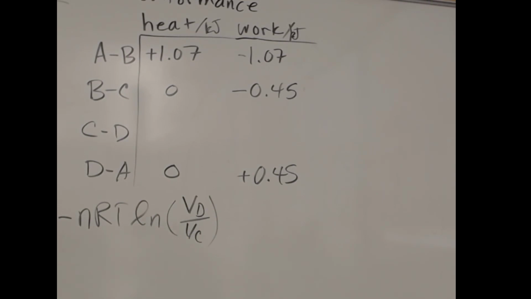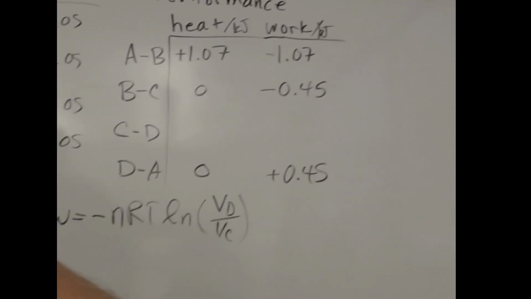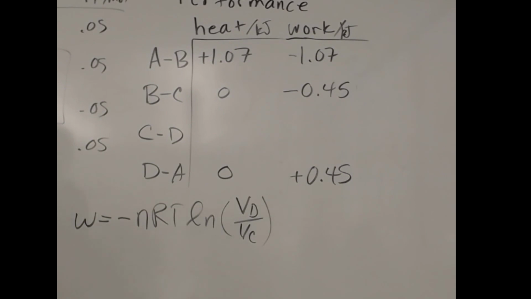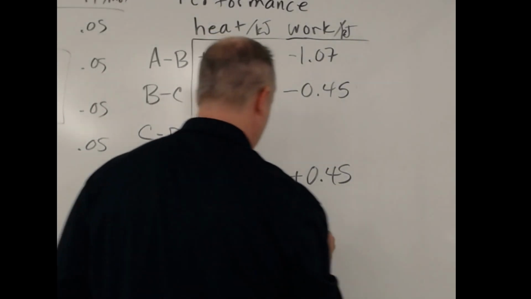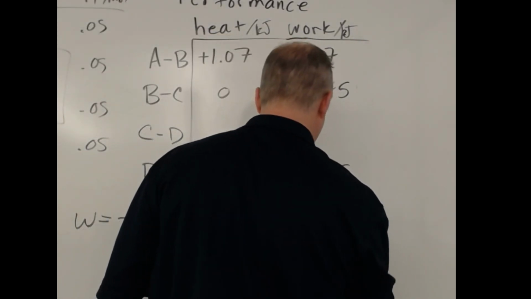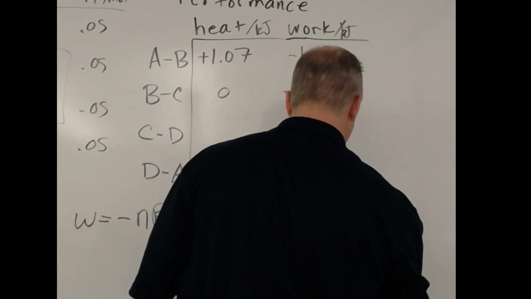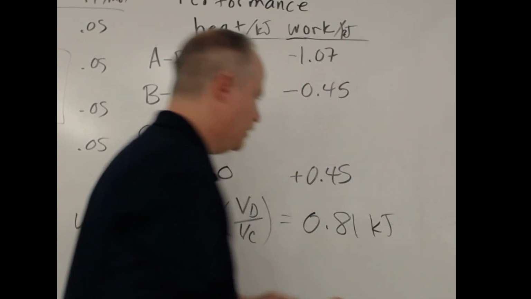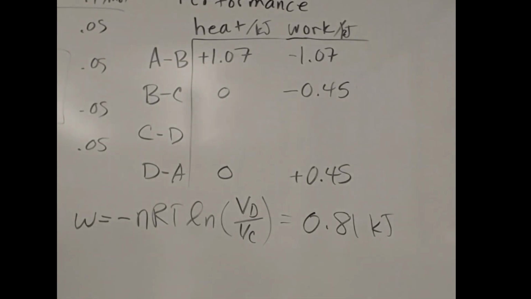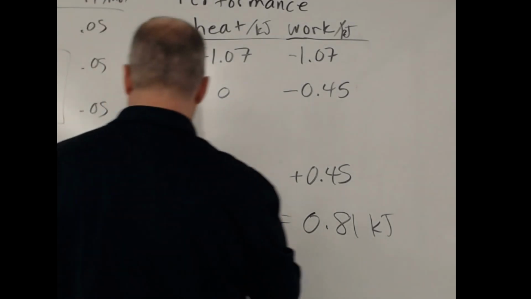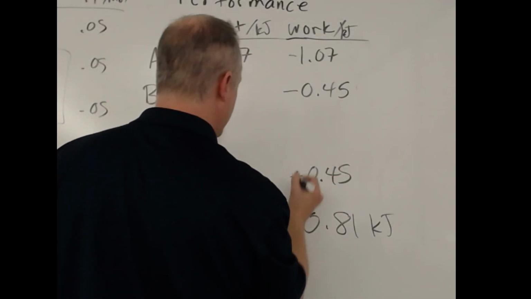And so we put in the numbers for that. You already calculated it? Yeah, 8.09 again for kilojoules. So 0.81 kilojoules. So that's going to be our work, and that's going to be positive, right?